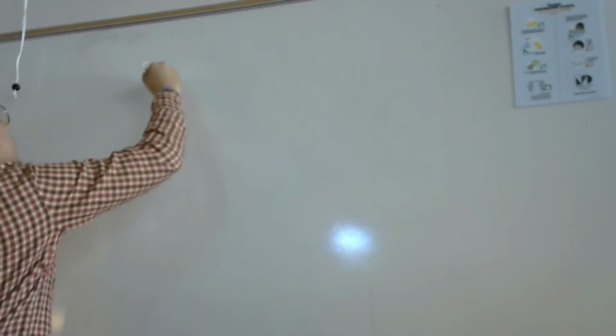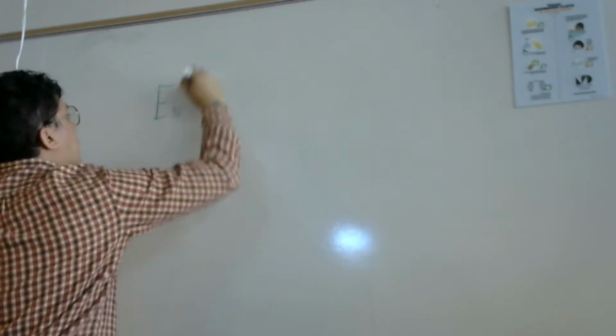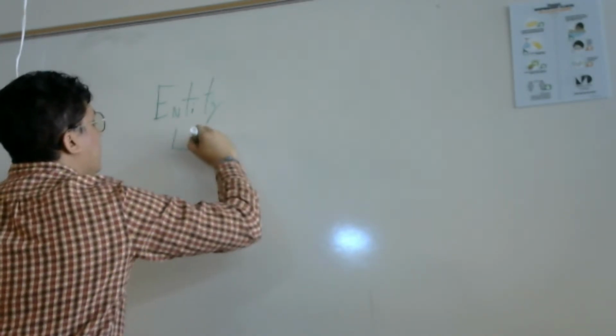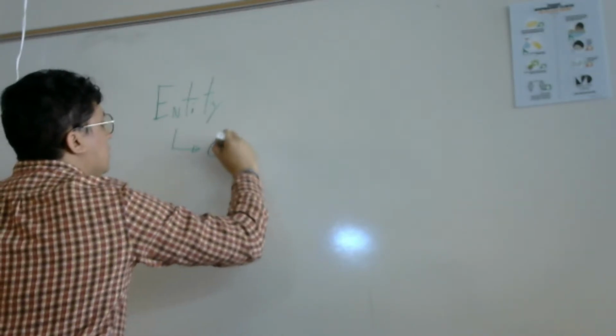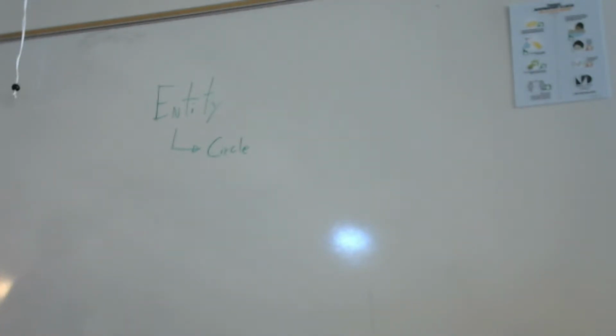So we have the entity class, and then this gives us a circle, right? So what things do we get from an entity?